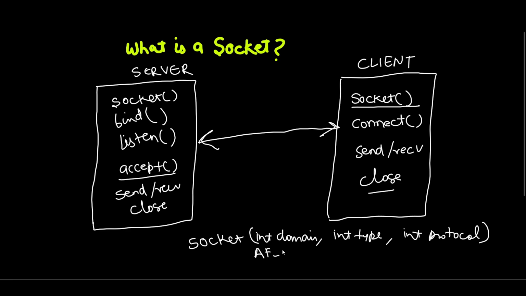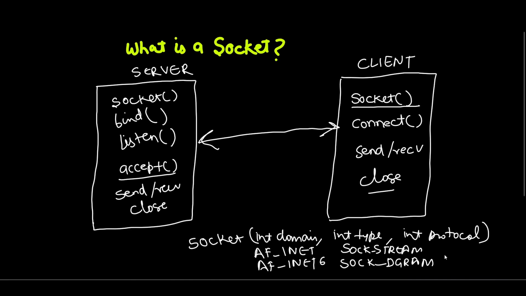We have AF_INET for IPv4, AF_INET6 macro for IPv6, and for type we have SOCK_STREAM for the TCP connection, and SOCK_DGRAM for UDP connections.